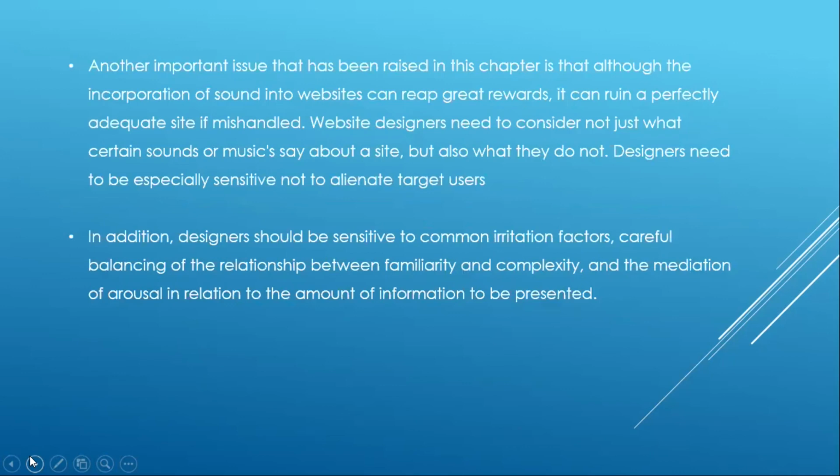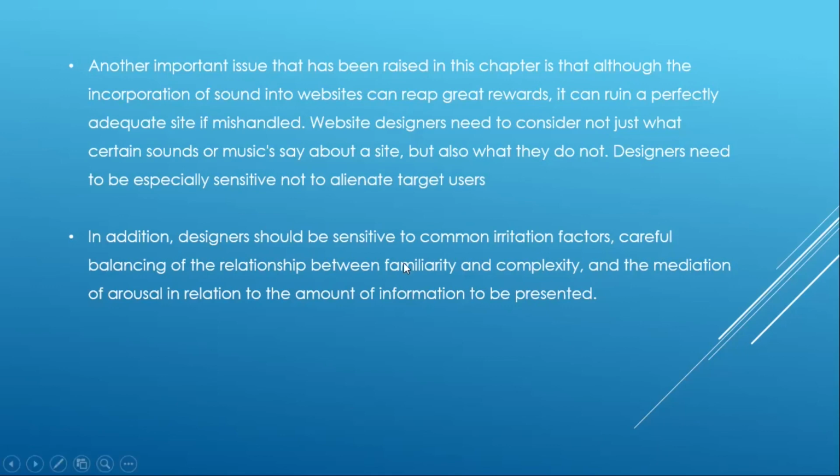Another important issue raised in this chapter is that although the incorporation of sound into a website can reap great rewards, it can ruin a perfectly adequate site if mishandled. Website designers need to consider not just what certain sounds or music say about a site, but also what they do not. Designers need to be especially sensitive not to alienate target users.